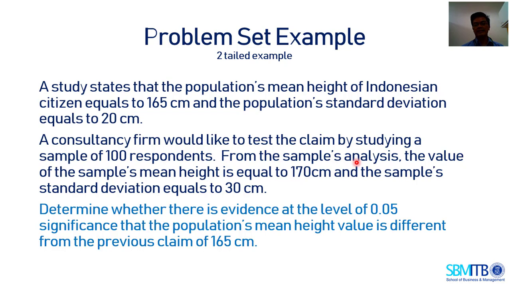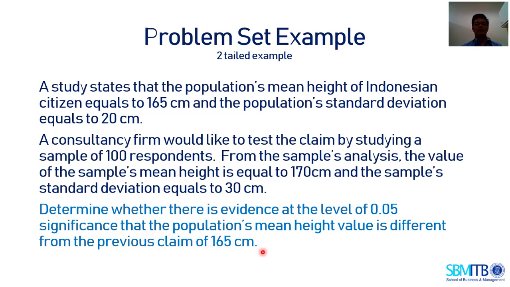From the sample's analysis, the sample's mean height is equal to 170 centimeters, and the sample standard deviation equals 30 centimeters. Determine whether there is evidence at the 0.05 significance level that the population's mean height is indeed different from the previous claim of 165 centimeters.